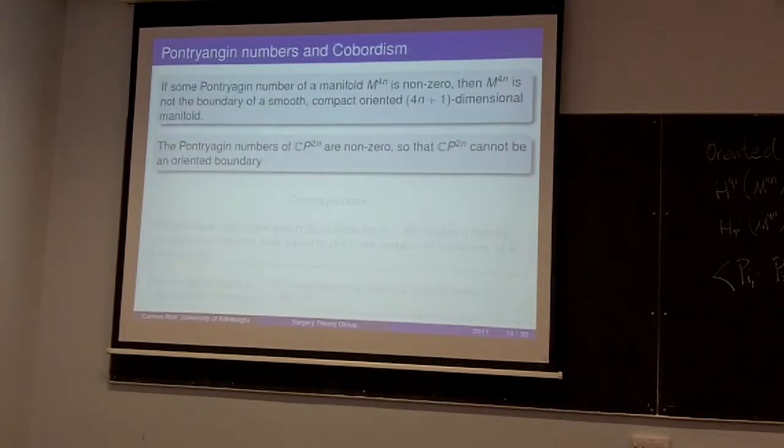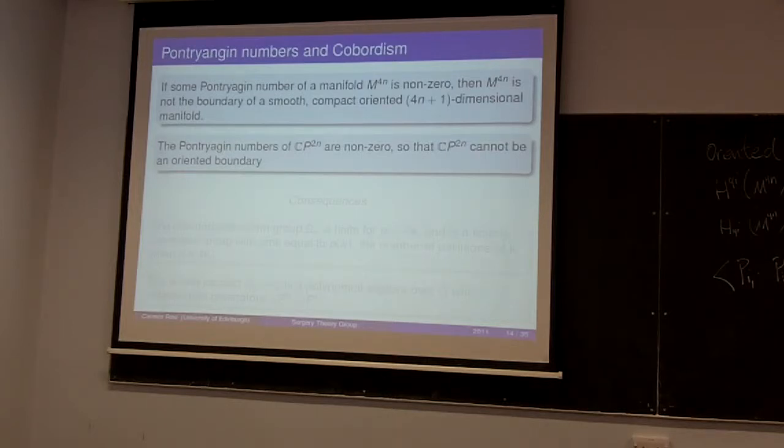And that has some nice consequence for Cobordism, because if some Pontryagin number of a manifold is non-zero, then it is not the boundary of a 4n+1 dimensional manifold. And we already know that these Pontryagin numbers are not zero, so as a consequence, these projective spaces cannot be an oriented boundary.